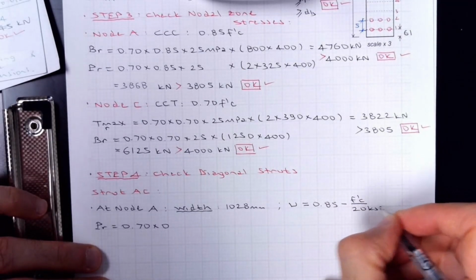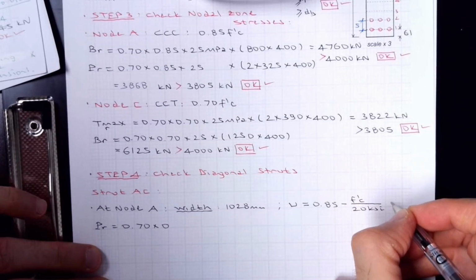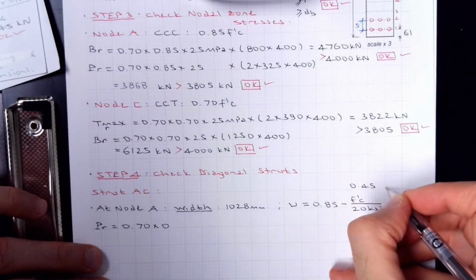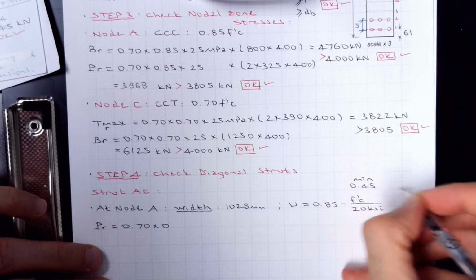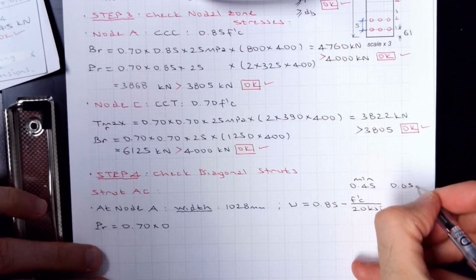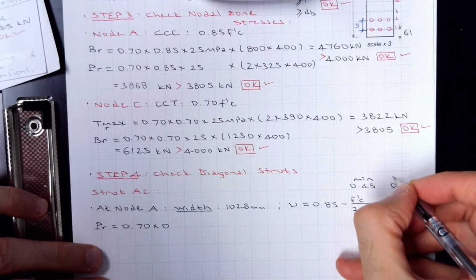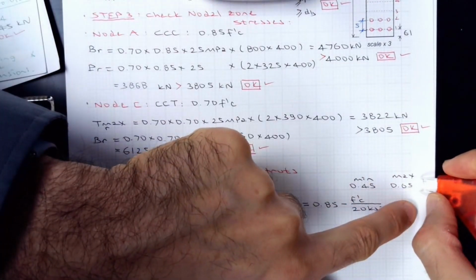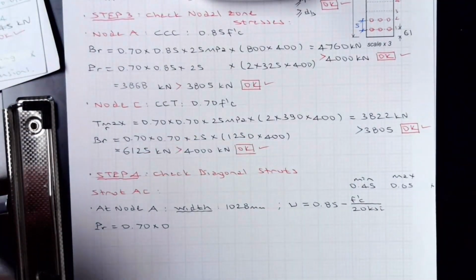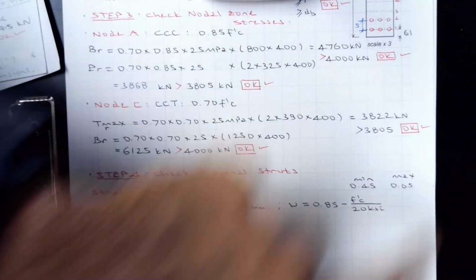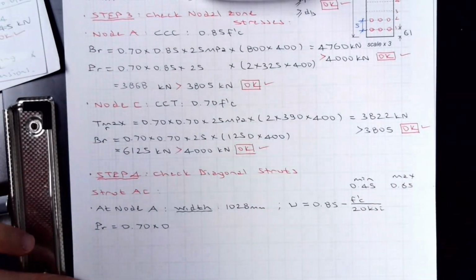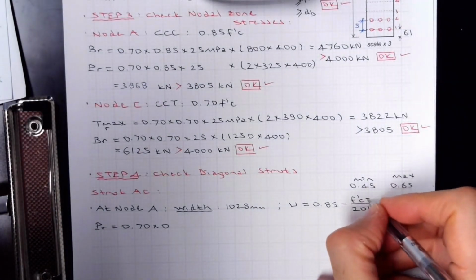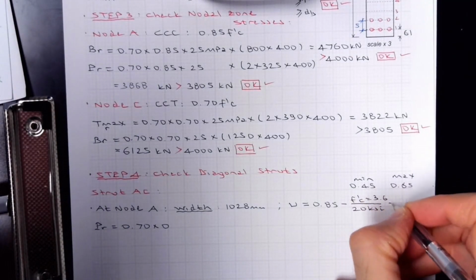So you have to input F prime C in KSI, and it has to be between 0.45 minimum and 0.65 maximum. If you find anything else, just cross it out and use either the maximum or minimum. You don't want to get under or above these two numbers, right? So for this one, 3.6 KSI.